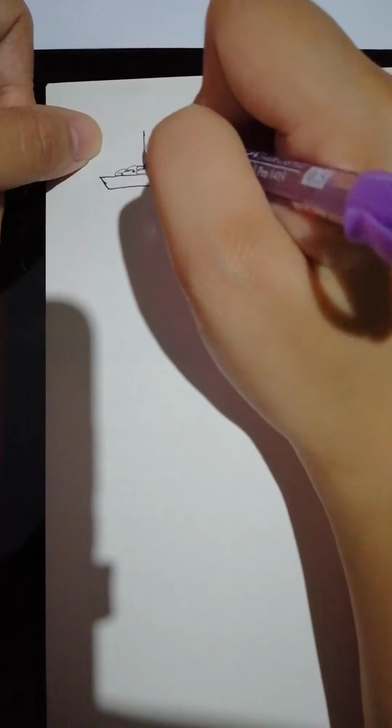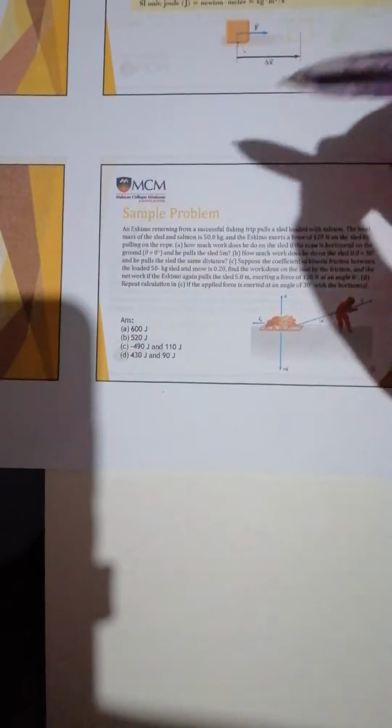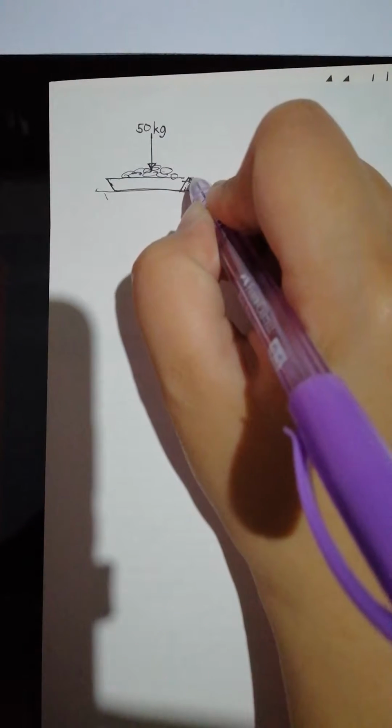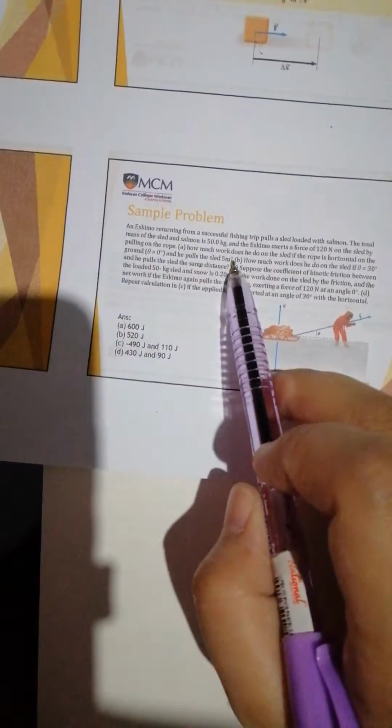The total mass, as stated in the problem, is 50 kilograms. Now, there is a rope here. If the rope is horizontal, the force of 120 newtons applied on the rope is also along the horizontal. And the displacement was given to be 5 meters.